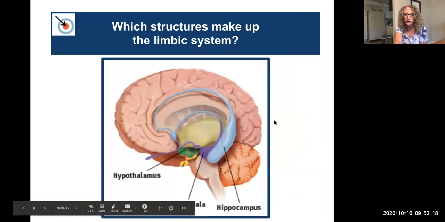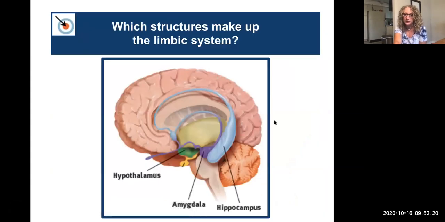All right, which structures make up the limbic system? We started at the bottom with the brainstem: the medulla, the pons, the reticular formation, and on the top, remember, the thalamus. Now we're going to move into another category or part of the overall structure of the brain that consists of 4 parts.